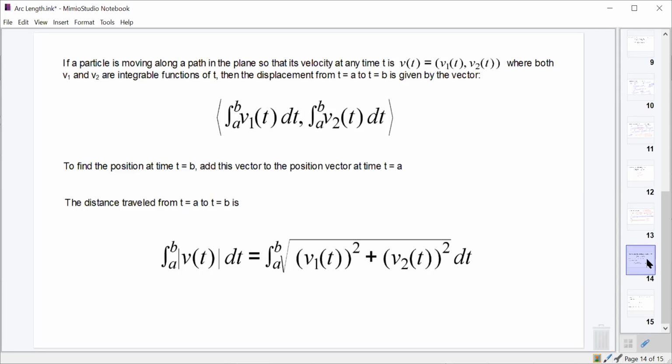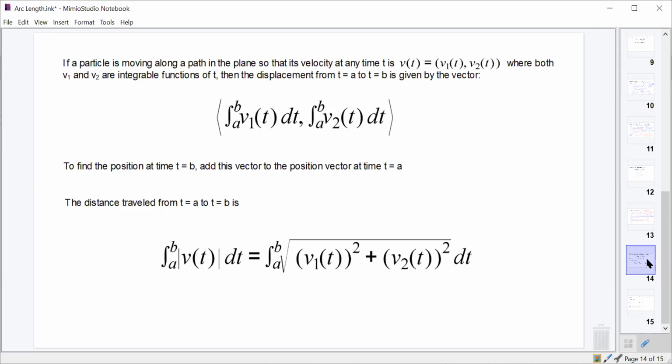That's, I think, pretty self-explanatory, right? Integrate the velocity to find a new position, and if you had an initial position, find the new position by adding your displacement from this integral of velocity to the original position vector that you had. We'll do that in a second.